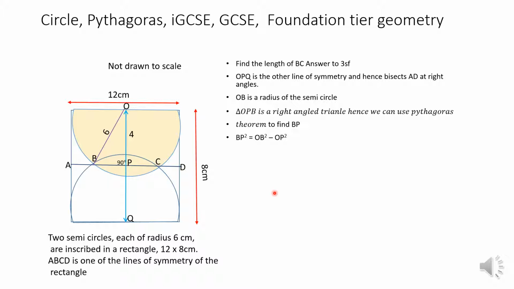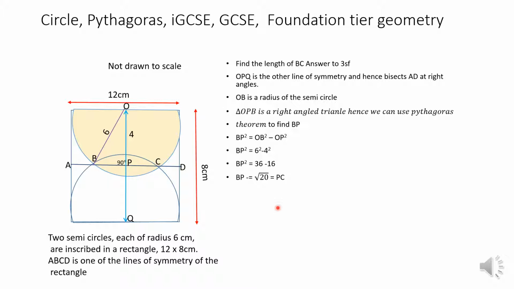So in the triangle OPB, BP squared is equal to OB squared, the hypotenuse, minus OP squared. So BP squared is now 6 squared minus 4 squared. 6 squared is 36, 4 squared is 16. So BP squared becomes 36 minus 16, which is 20. Now if we take the square root of both sides, BP is equal to the square root of 20.